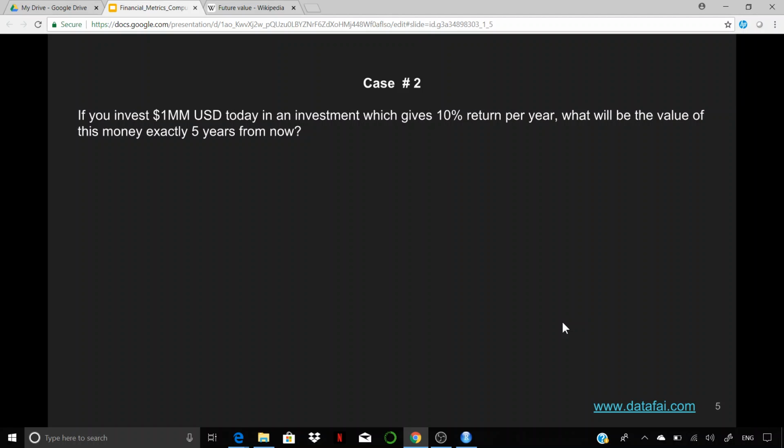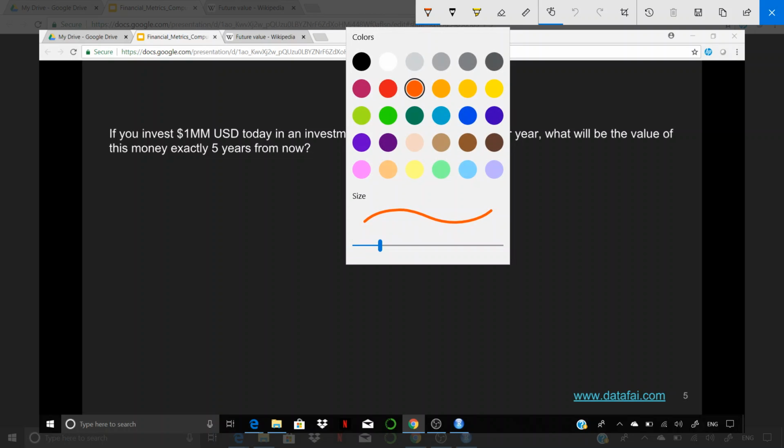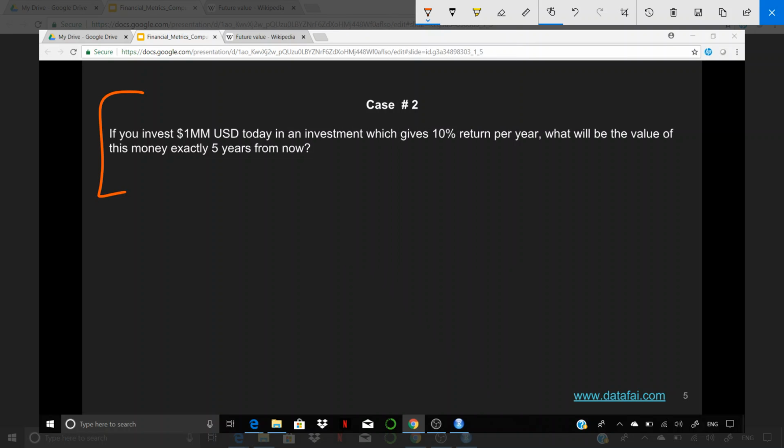Here's another problem for you. As I mentioned at the very beginning, we will be working via the caselets to make sure you don't think these are just hypothetical problems, but quite real problems that we try to solve on a day-to-day basis. Case 2: if you invest $1 million today, and this investment is going to give you 10% return per year, what will be the value of the money 5 years from now?